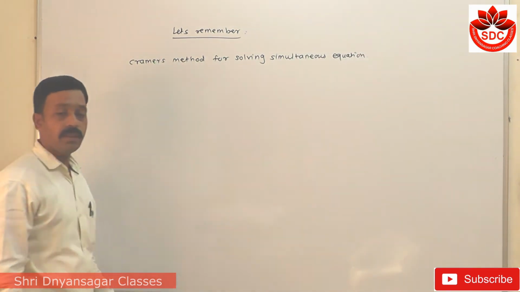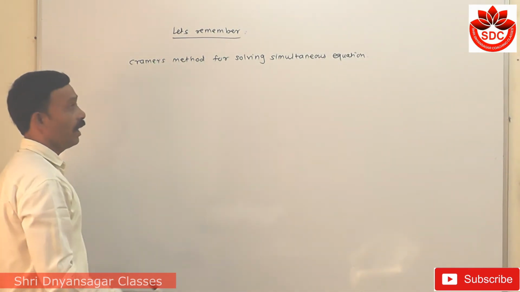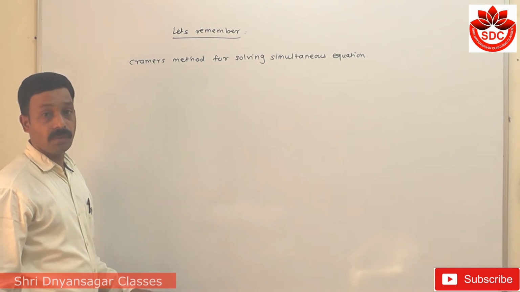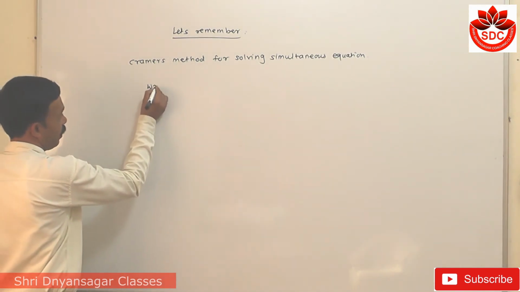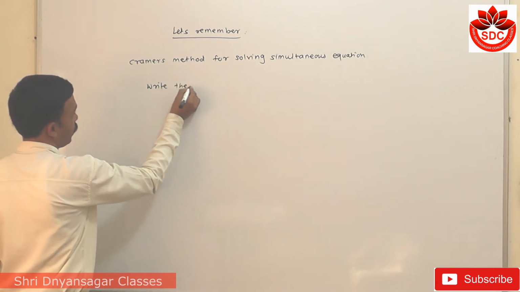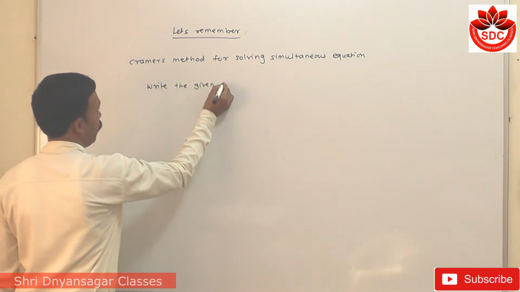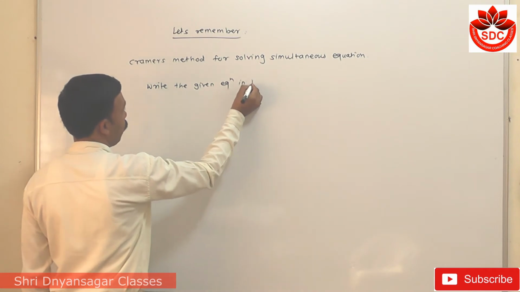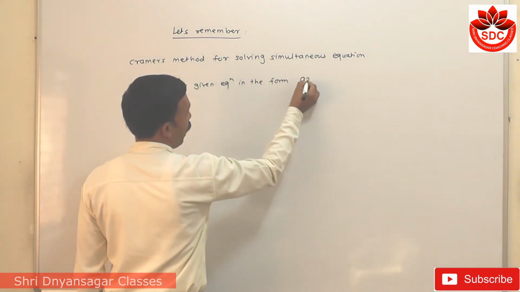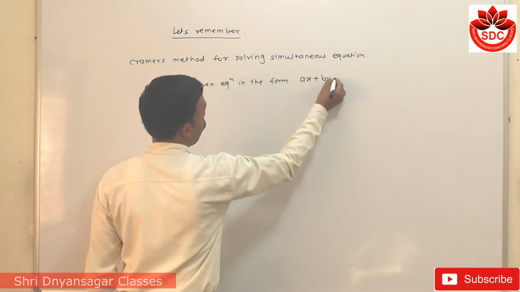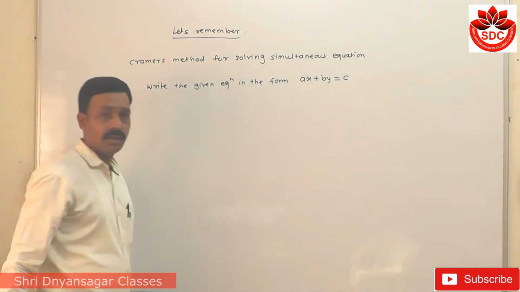Remember that. Now the first step is, we write the given equation in the form ax plus by is equal to c.